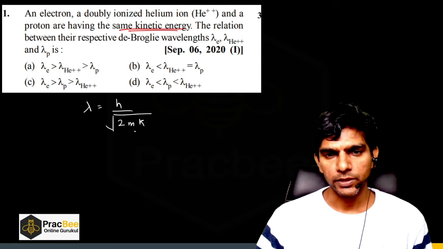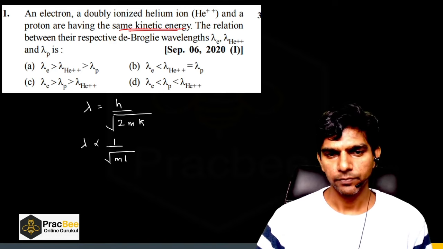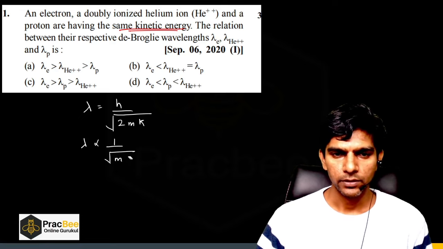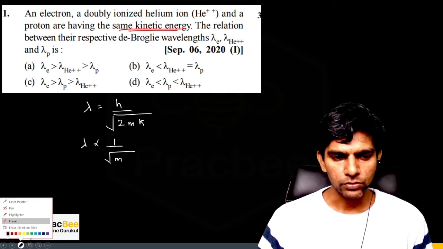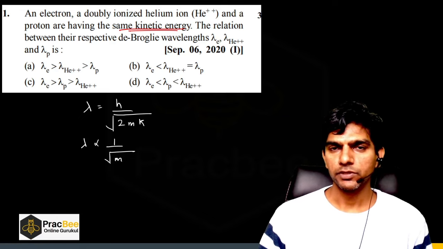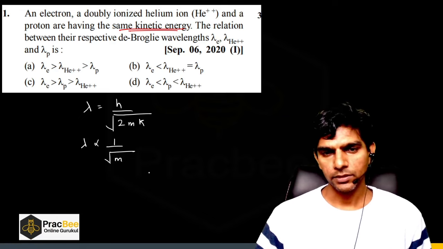Since we have different charged particles, their masses will be different. So we can say lambda is inversely proportional to square root of mK. And kinetic energy is also same, right? So we can also remove kinetic energy from the proportionality. So we can say lambda is inversely proportional to square root of mass.